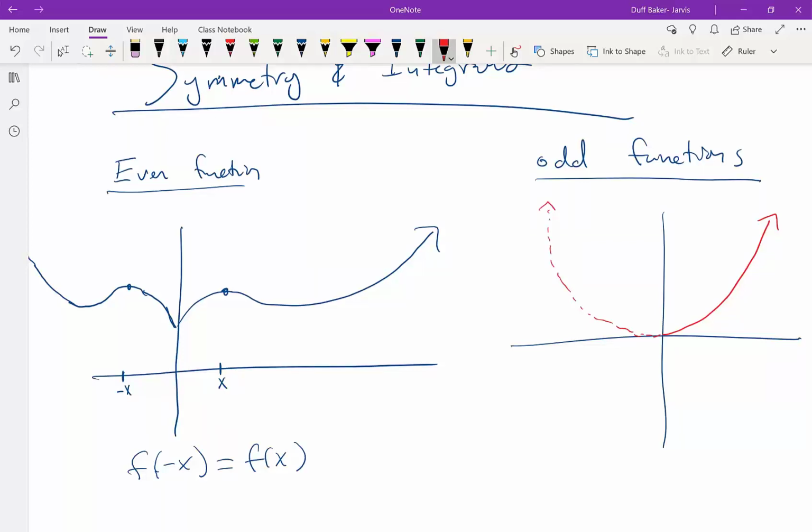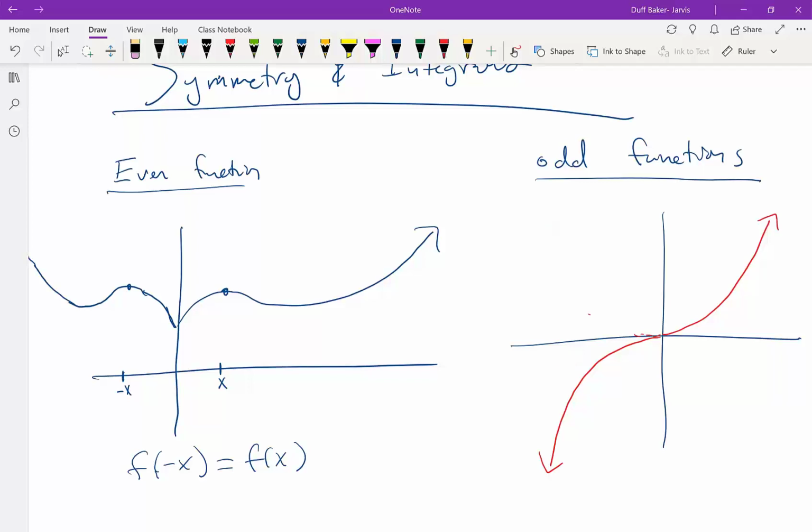But if you reflect it across y and then across x, you'll get the odd function. So instead of doing exactly the same thing on the other side, it does the negative of it. Basically, if you fold it over the y-axis and then over the x-axis, you end up with the odd function. These are the two types of symmetry.